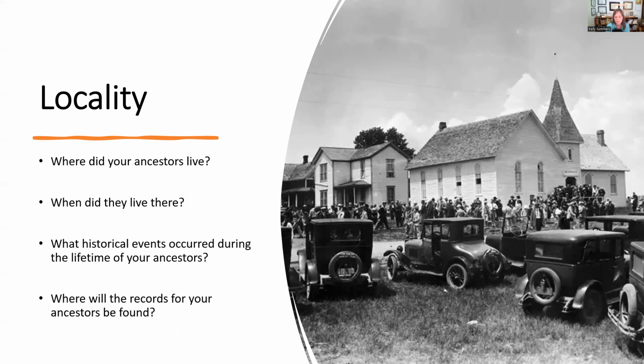And as you do all of these steps with that one family, you will learn some interesting things about the family and about the resources available. So think about one family that you're working on that lived in the 1800s and identify where they lived and the time frame they lived there, and think about what historical events occurred during their life. And then we want to know, where would the records be for this family?